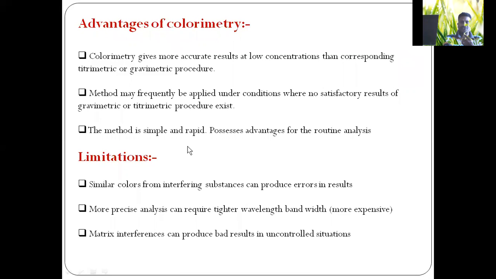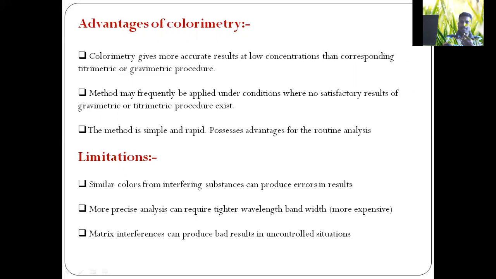And limitations. Number one, similar colors from interfering substances can produce errors in results. When different species produce the same color, it is difficult to apply this method, so it may give error. Number two, more precise analysis can require a tighter wavelength bandwidth.